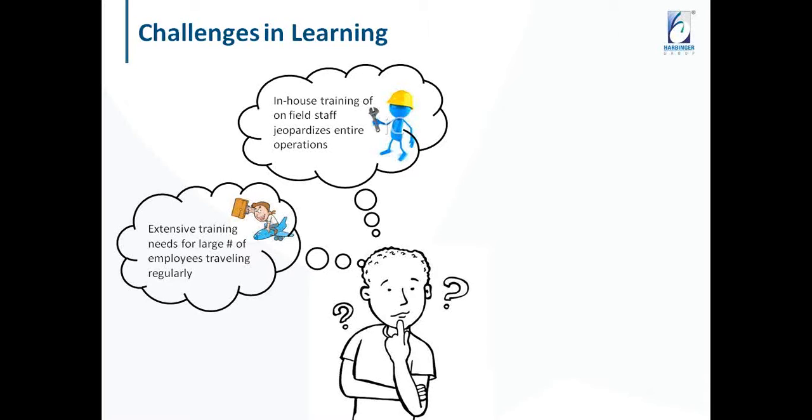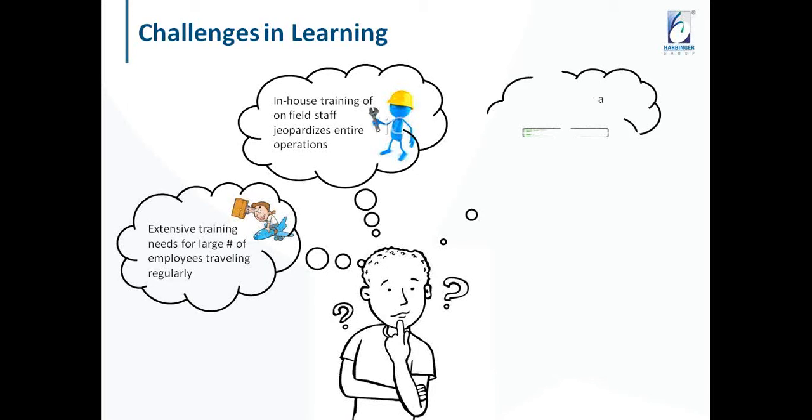That means you risk losing business, because your on-field staff is having in-house training. So in order to take care of these challenges, generally people prefer the e-learning mode, wherein they provide e-learning courses and access to the LMS so that people can access the training online.